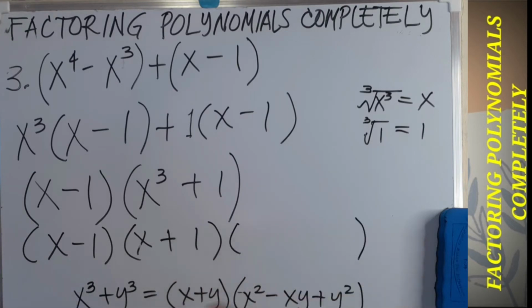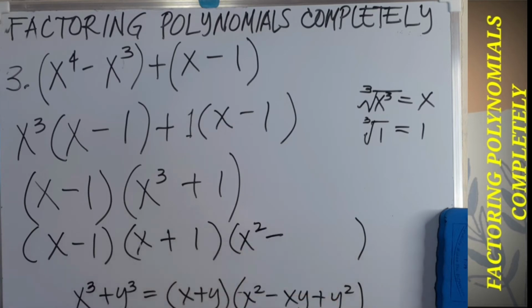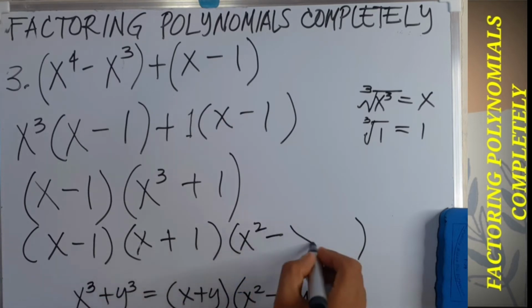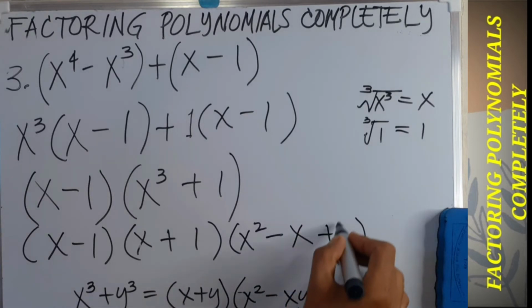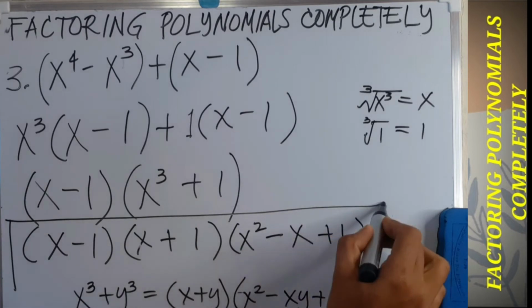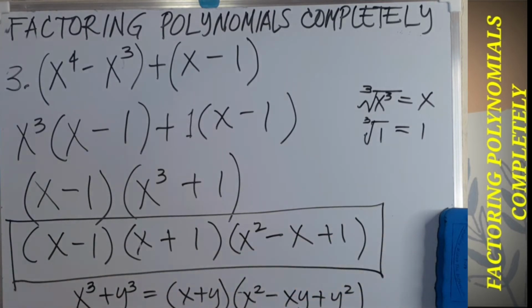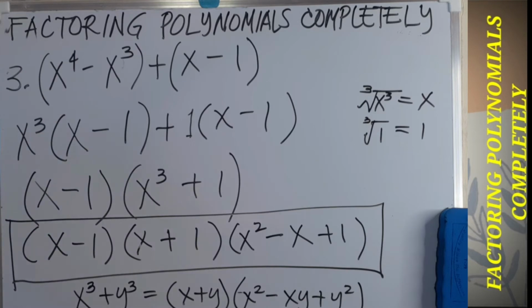Continue the pattern. X squared minus x times y. 1 times x is x. 1 times 1 is 1. These are now the complete factors of x to the fourth minus x cubed plus x minus 1.